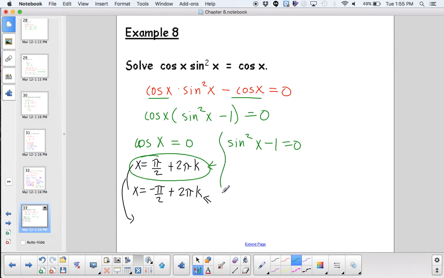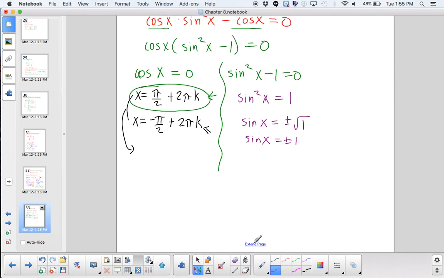And then for the second one, let's isolate: sine squared x is equal to 1. And when we take the square root of both sides, sine x is equal to plus or minus the square root of 1. So sine x is equal to positive or negative 1 is what we end up with. And so dealing with the sine of x equal to 1 and the sine of x equal to negative 1, we actually end up with two separate solutions.